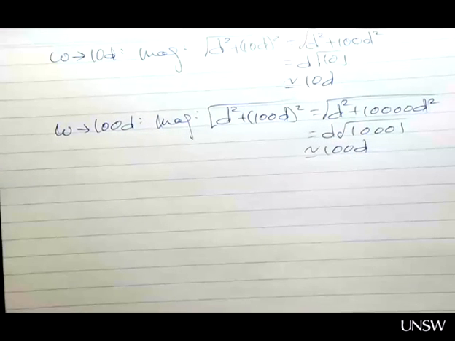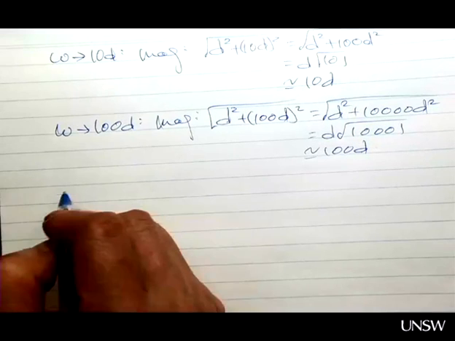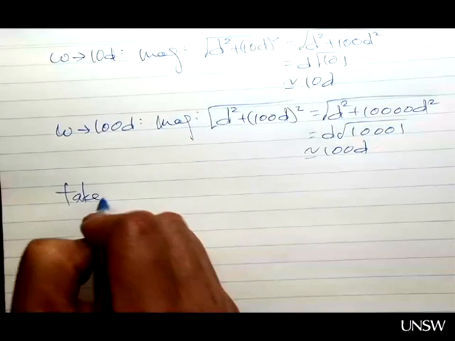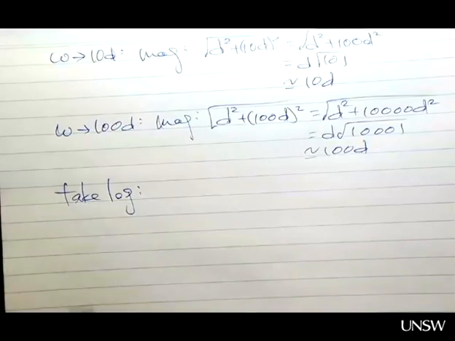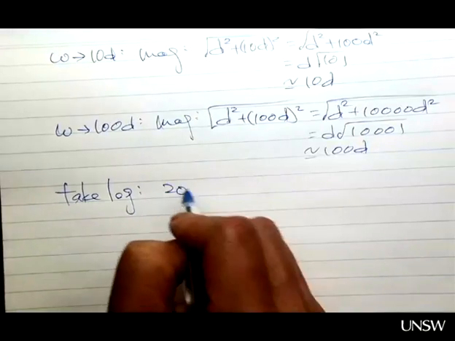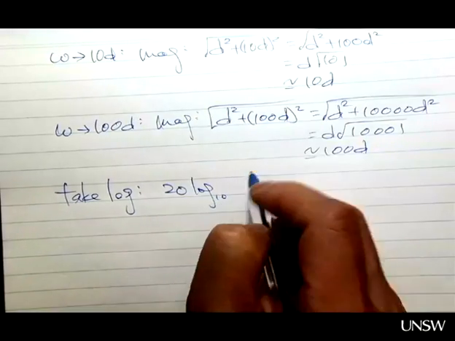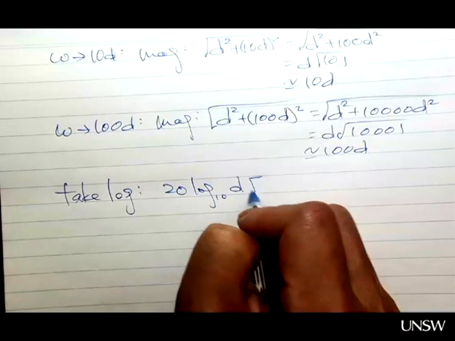So then we take the logarithms. We have 20 log10 of d root 2 at omega equals d.